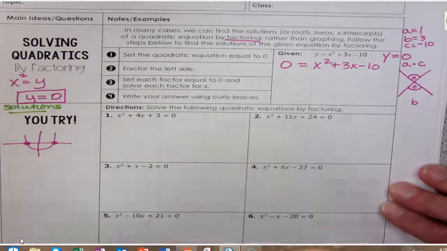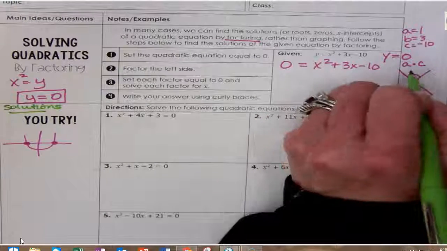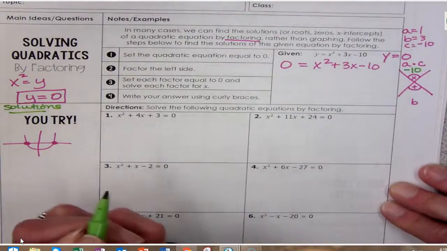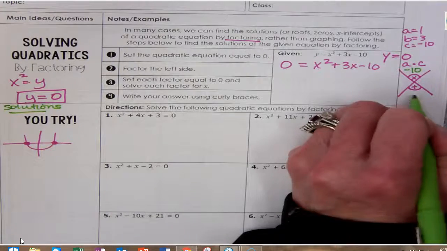So A times C, 1 times negative 10, is going to give me negative 10. B is going to be 3.